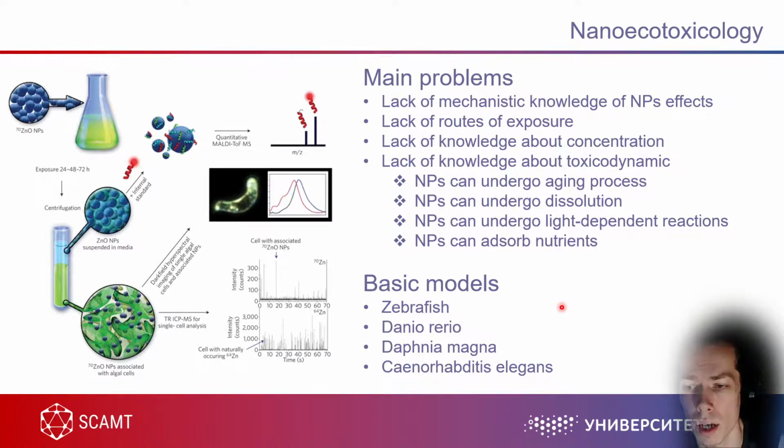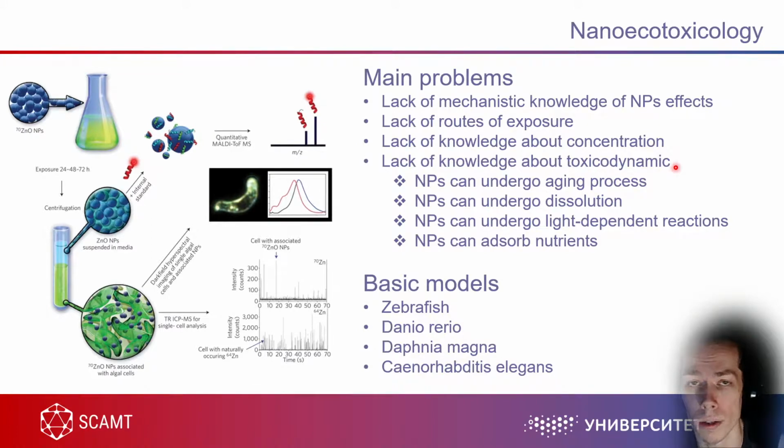Maybe it's even some kind of pesticides or some molecular compounds. But nanoparticles can go in other ways in a real system, and it's connected with toxicogenomics. So scientists, especially toxicologists, ecologists, don't know how these nanoparticles can behave in real life.